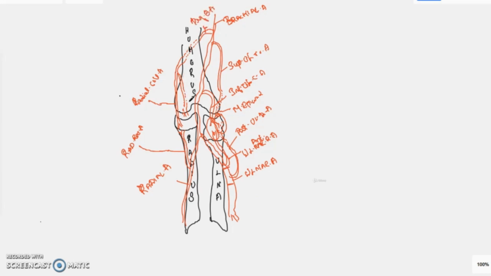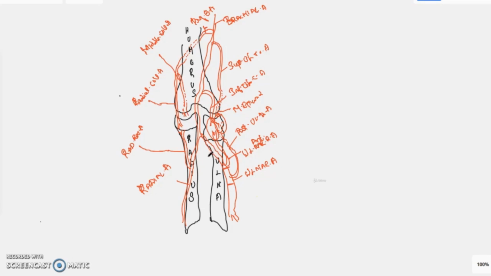And then we have middle collateral artery, which is going behind the lateral epicondyle, and which we will otherwise call as posterior descending branch. So it is going behind the lateral epicondyle, and it is anastomosing with one branch of the ulnar artery.